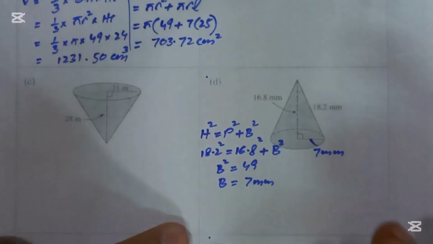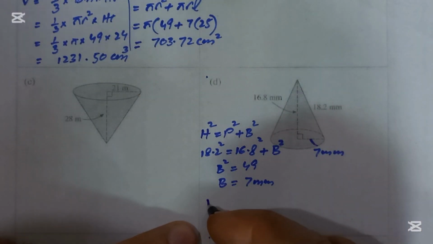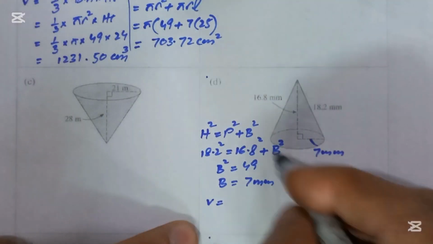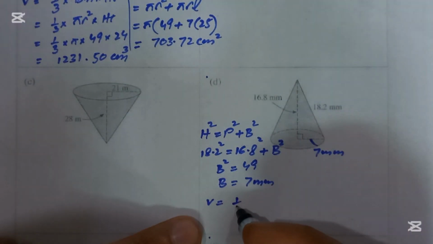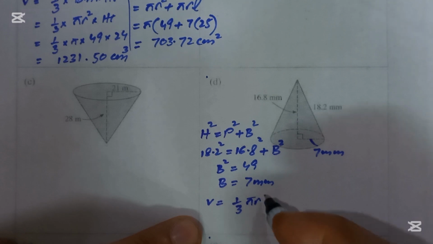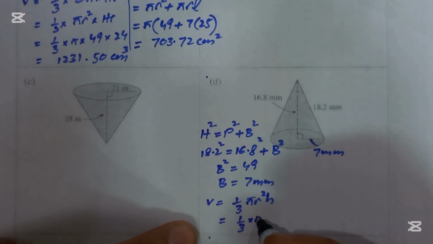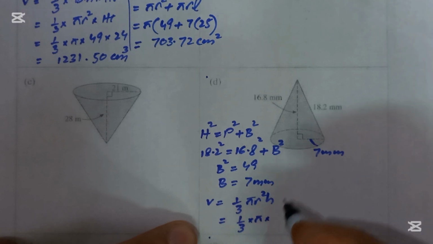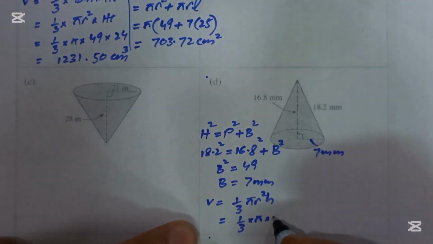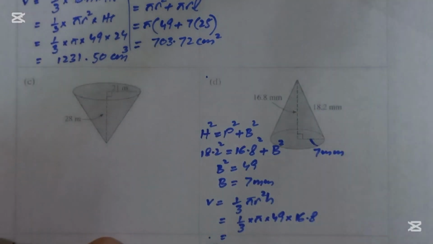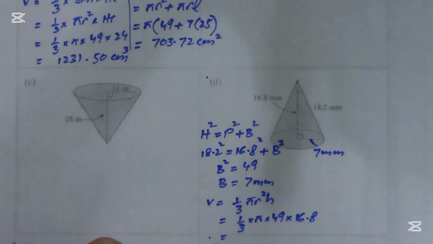Now we are able to find the volume. The volume formula of the cone is 1/3 pi r square h. 1/3 will remain the same, pi is there, and r is 7, so its square is 49, and h is 16.8. Now we will solve it on the calculator.